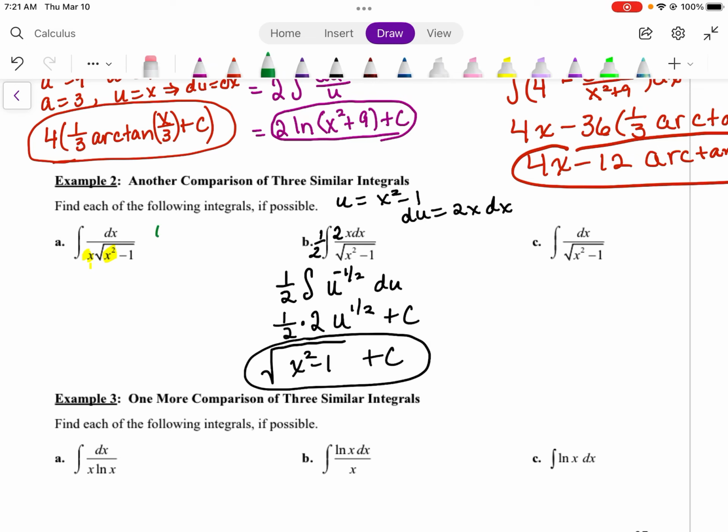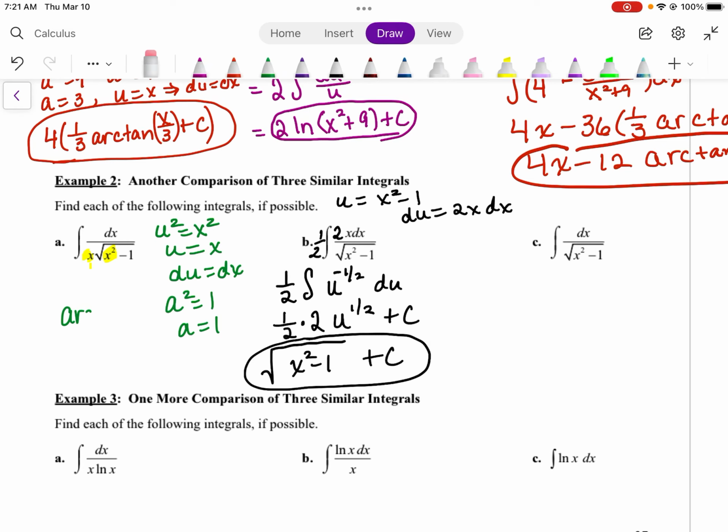So we're going to say u squared is x squared, du is dx. Oh, I jumped the gun on you, sorry. U is x, so du is dx. A squared is 1, so a would be 1. And it fits right into arcsecant. So we're going to say 1 over a, which would just be 1. I'll go ahead and write it out for you.